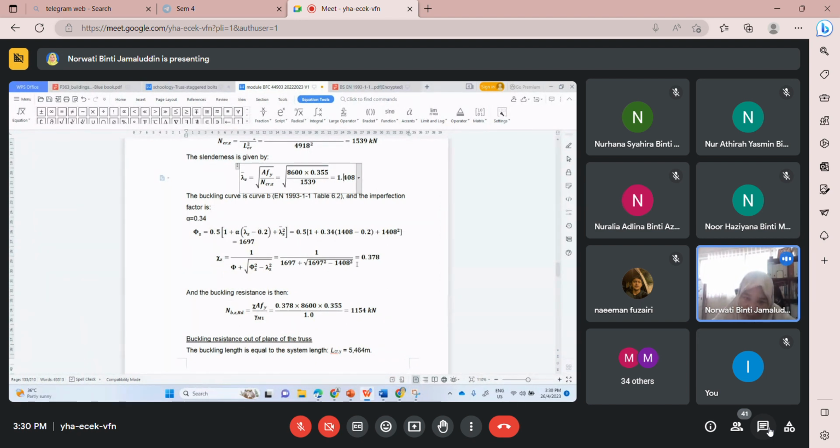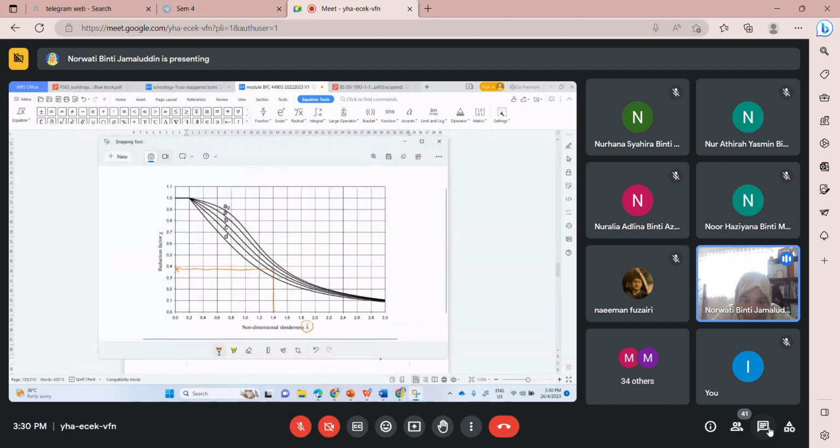From the calculation, this is of course the more exact method. By computing all the values into this equation, you compute the value. Of course this is more accurate, 0.374, but by using this figure, it can speed up your design process. This is just the estimation, estimate 0.37.